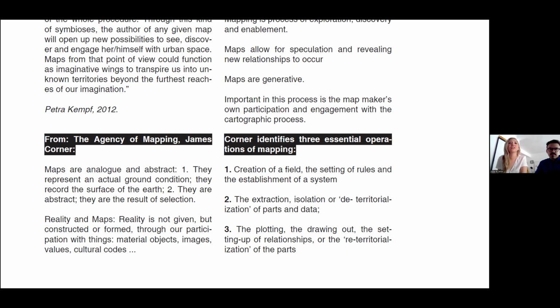The second is the extraction, isolation, or deterritorialization of parts and data. So this is quite important, trying to understand those different layers of information that are hidden there. Because when you go to any place on Earth and look around, the data around you, doesn't matter if it's an urban space or a forest, you are in a very complex place, and understanding that complexity is also very complex.